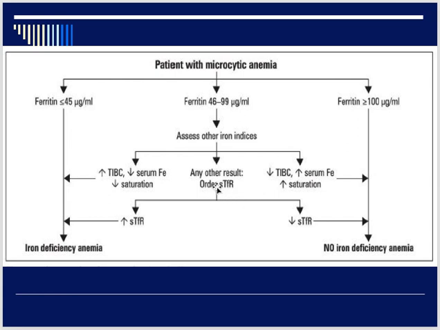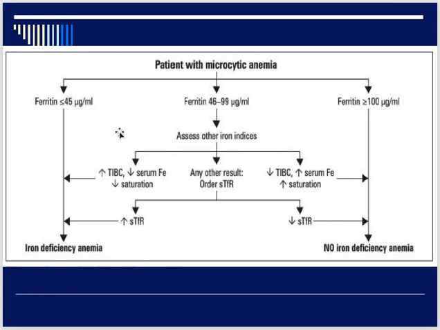These receptors are expressed on the surface of erythroblasts, and they are responsible for iron uptake. So the body will keep on making more and more soluble transferrin receptors. If the soluble transferrin receptors are higher, it means the body is expressing more and more transferrin receptors on the erythroblasts or on the cells, so that it can take up more and more iron.